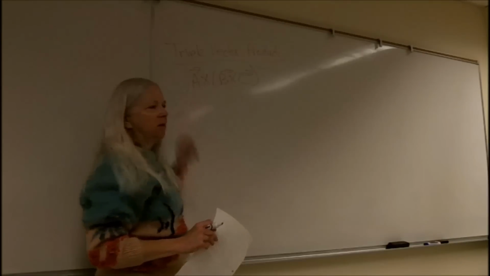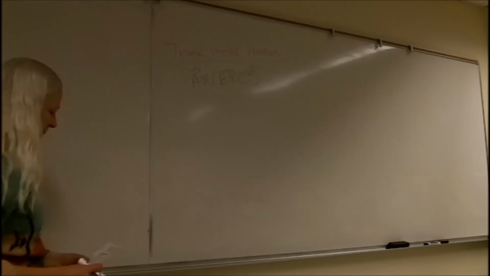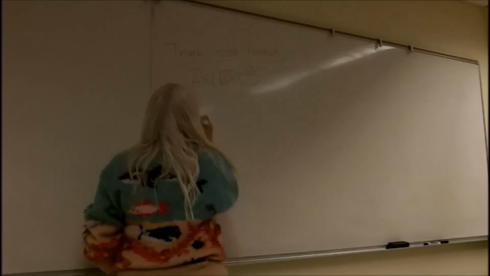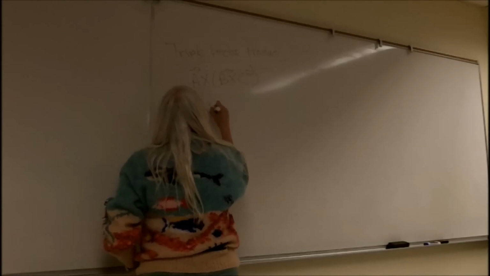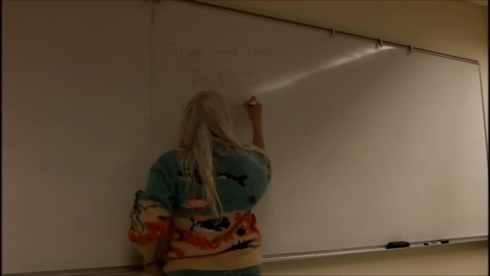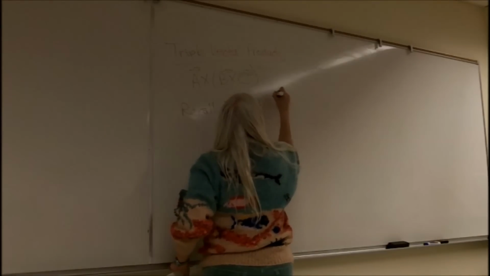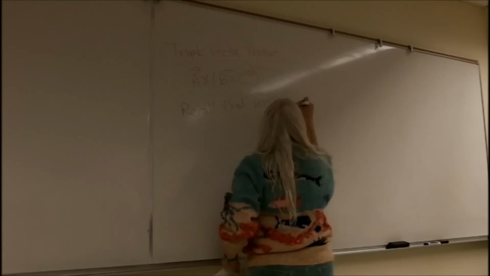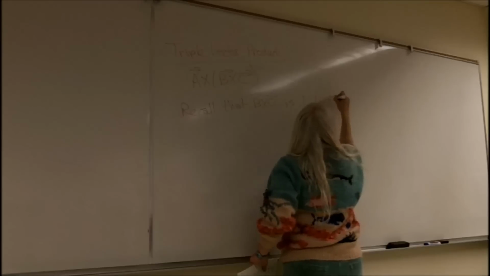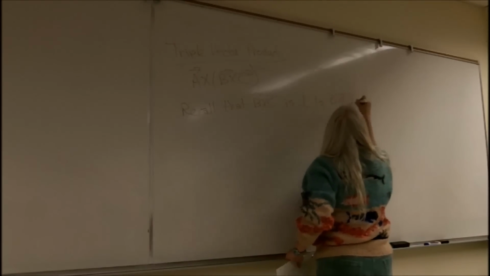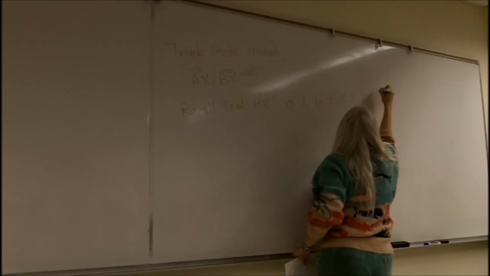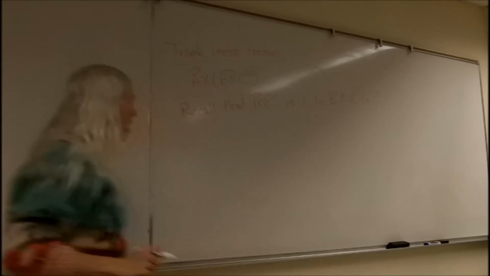And again, B cross C is a vector, so it can be crossed into another vector A without a problem. Well, remember that when we do the first cross product, B cross C, this is perpendicular to B and also perpendicular to C. Right? Cross product of two vectors is perpendicular to both of the vectors that you cross together.